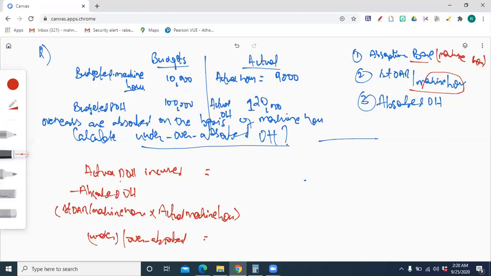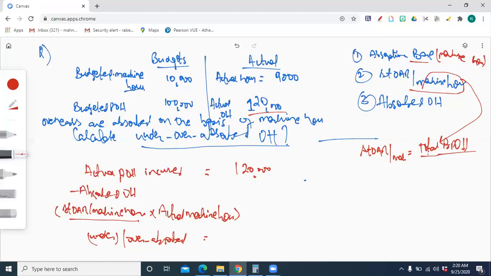Actual production overhead is basically 120,000, right? Standard OAR, do you have the standard OAR? Remember the formula. Second step, once you know the absorption base, standard OAR per machine hour. What would be the formula? Total budgeted production overhead divided by total budgeted machine hours. At times you're given the standard OAR as is, but at times you're not given.